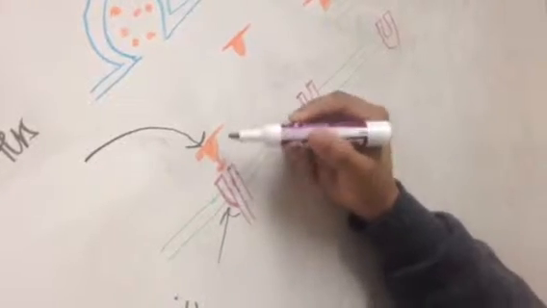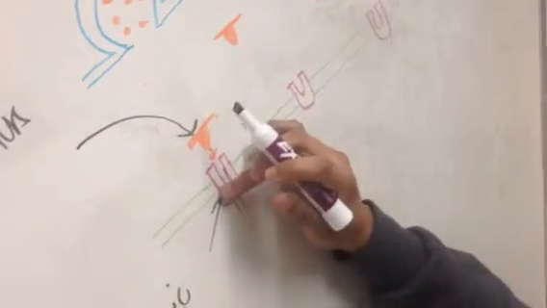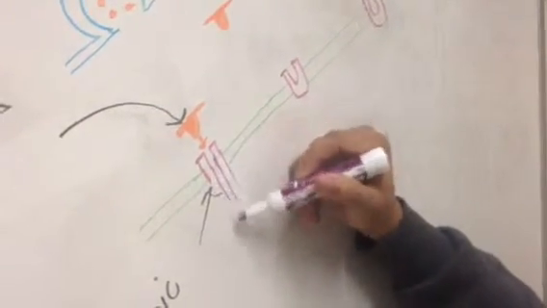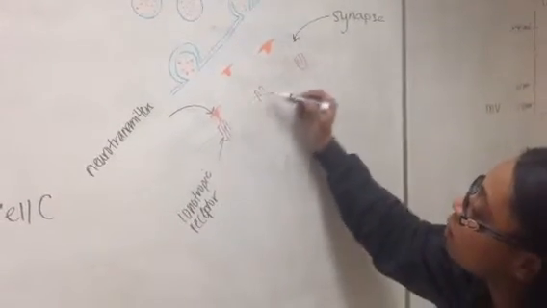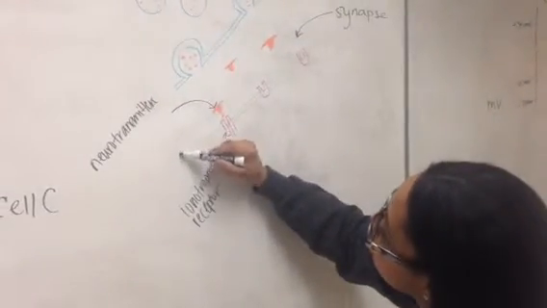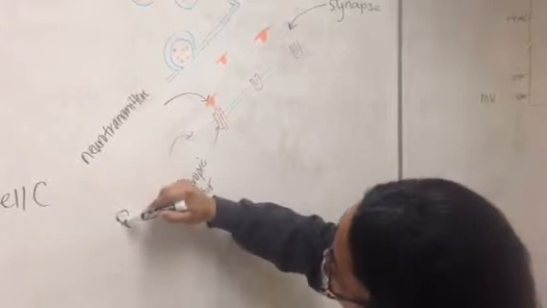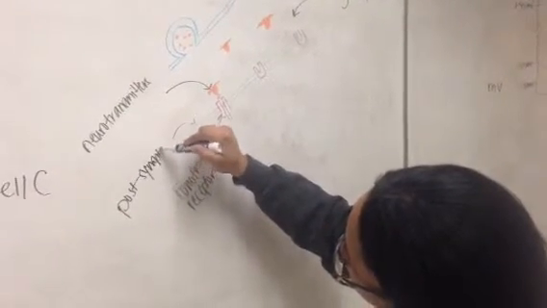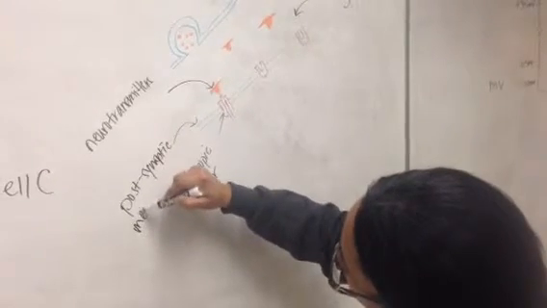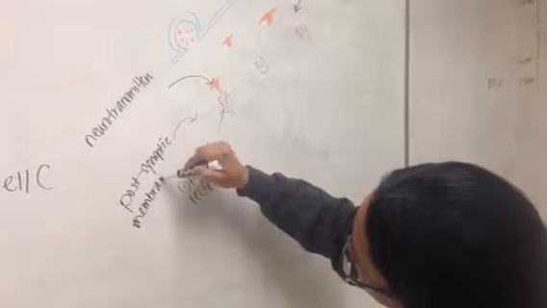This is now open once it binds. And now we are inside the membrane of the postsynaptic. This is the postsynaptic membrane, is what the receptors are located on.